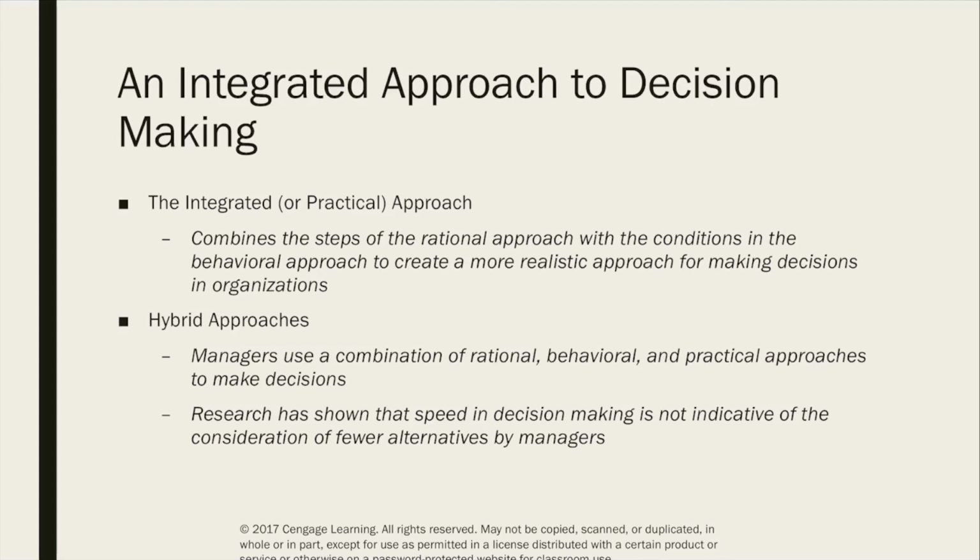Hybrid approaches, where you're using a combination of all of these models. Research has shown that speed in decision making is not indicative of the consideration of fewer alternatives by managers. So, whatever works, that's what you use, and that's really the rule of thumb.